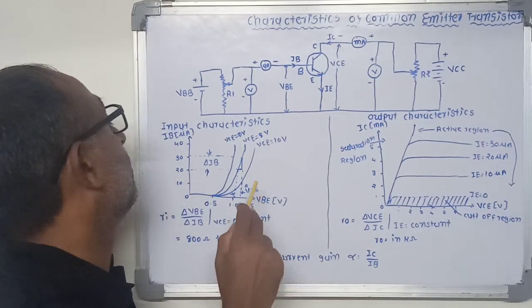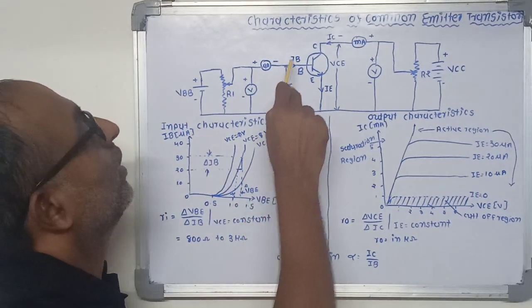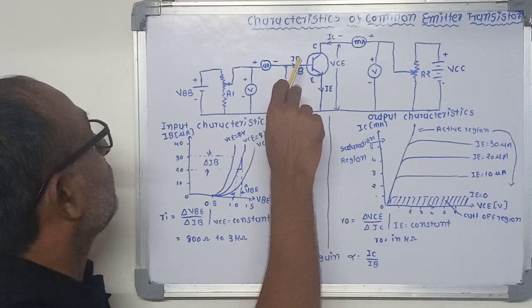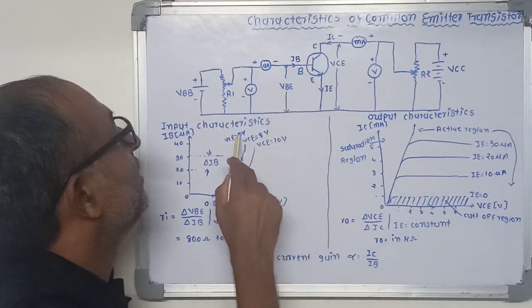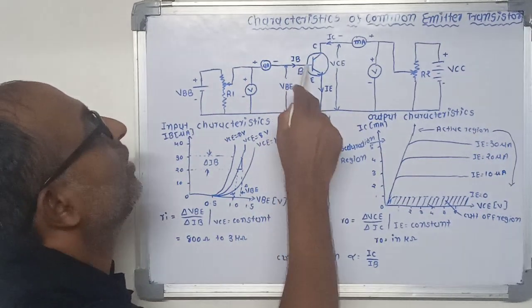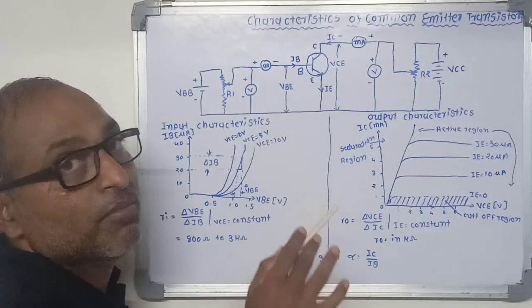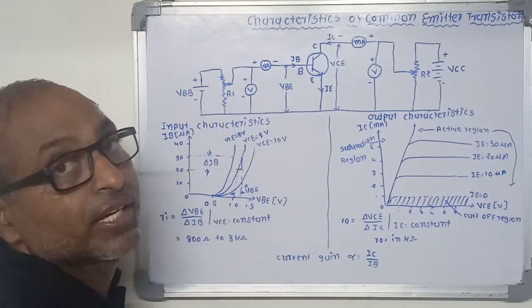Now it is most important that when our output voltage VCE is equal to 0 volt, the emitter base junction is forward biased due to the input voltage only, that means VBB.